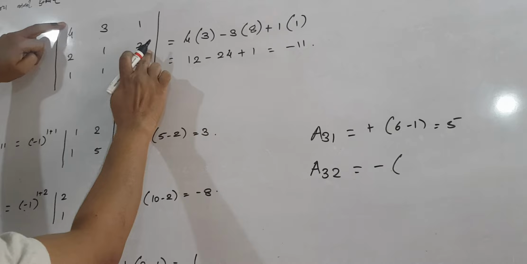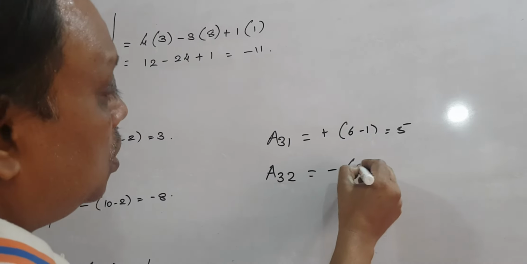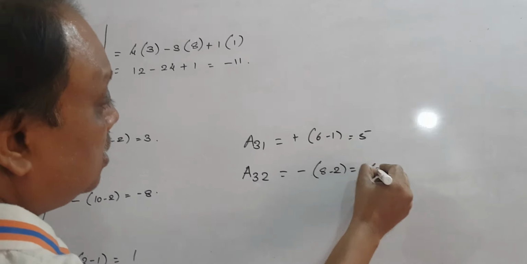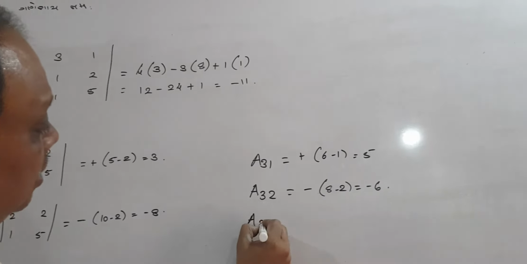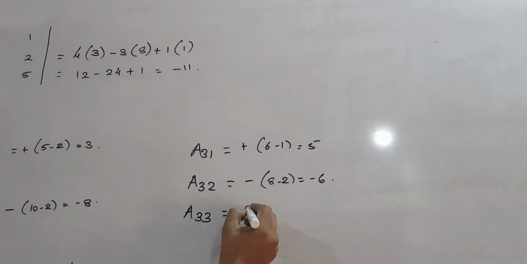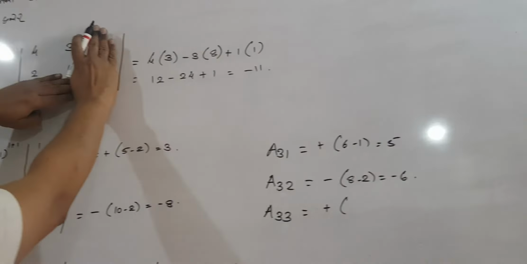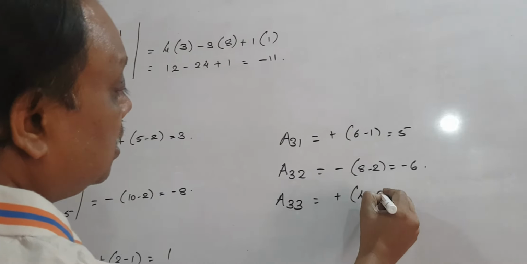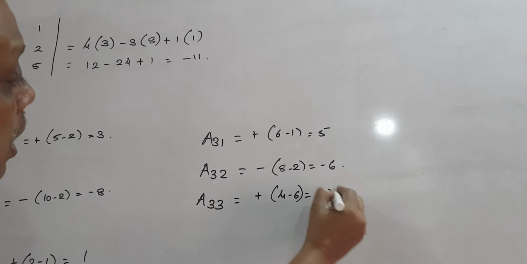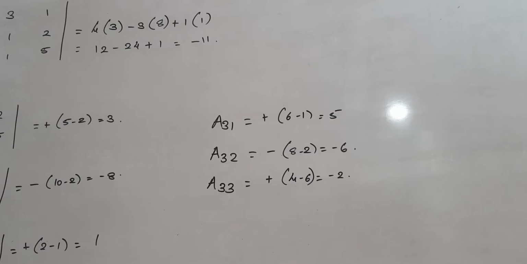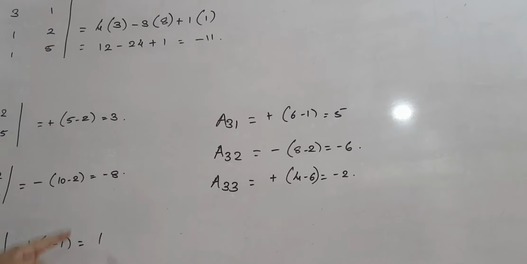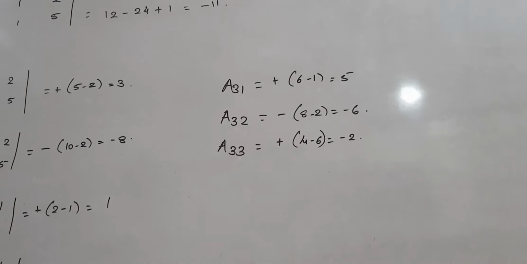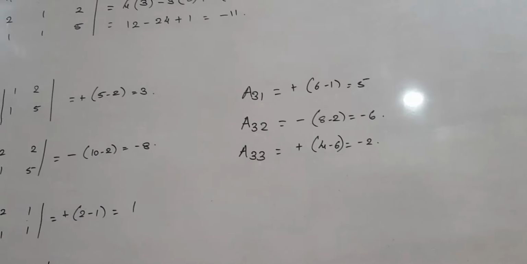So 4 into 8 minus 2 is minus 6. And A33 is what? So plus, just press this. 4 minus 6 is what? Minus 2. So in this way we get the cofactor of each and every element.